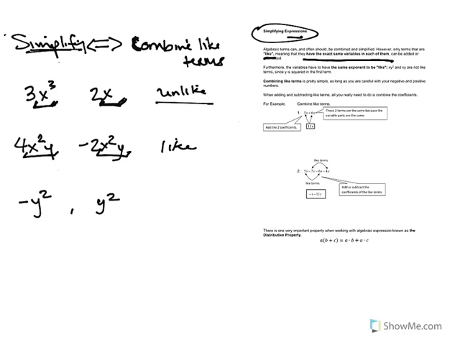Behind the coefficient, we're comparing y squared to y squared. What does that mean? That means like. All right, let's look at 6ab and -4ba.